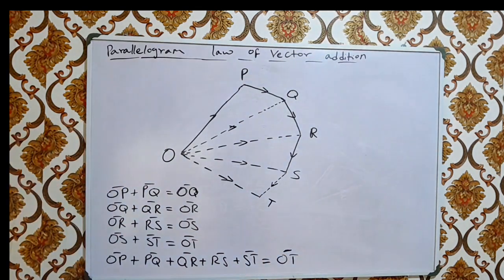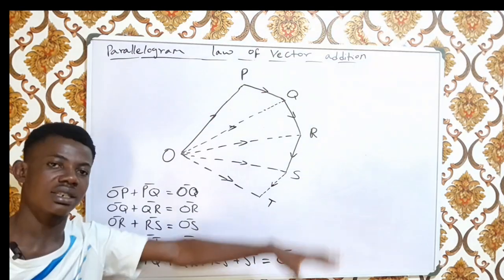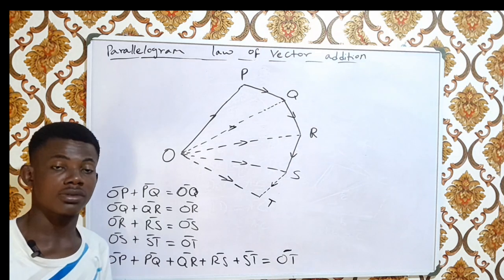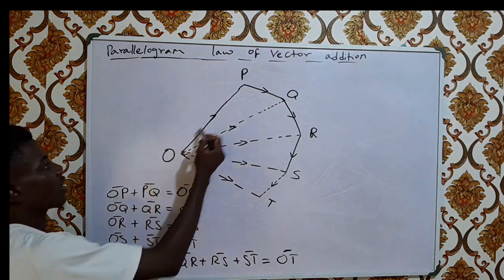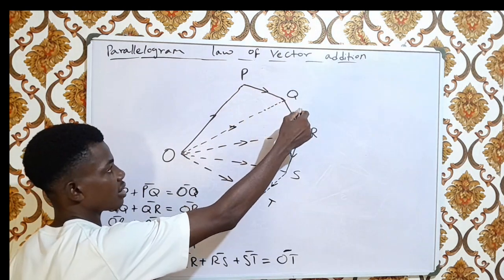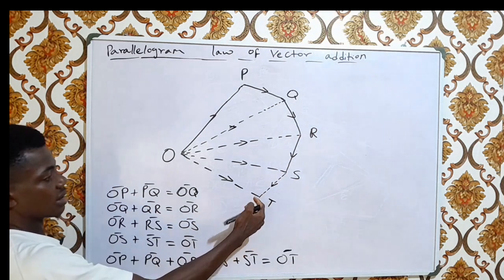So we can use the triangular law of vector addition to add two or more vectors. From here, we can go like this and add everything since they are moving in the same sense.